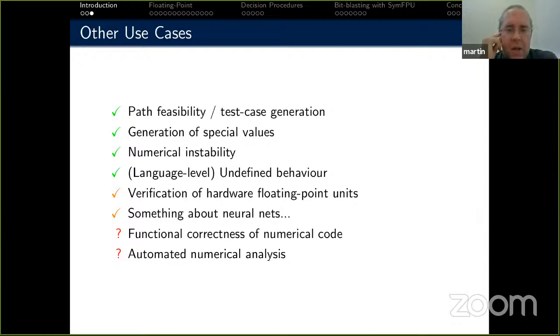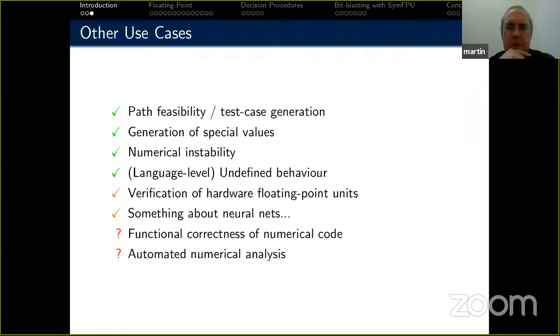Numerical instability. So cases when, if you evaluated this computation in real numbers, the answer would be significantly different to what happens when you evaluate it in float. We could find language level undefined behavior issues.